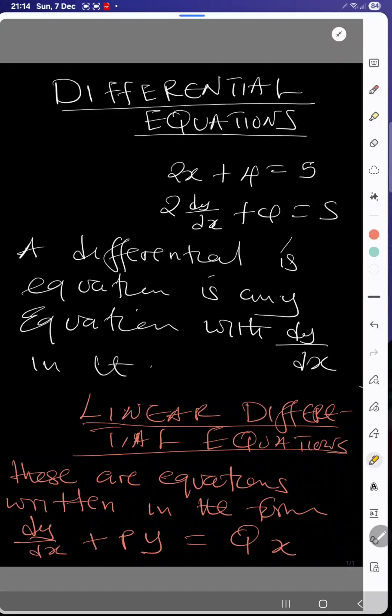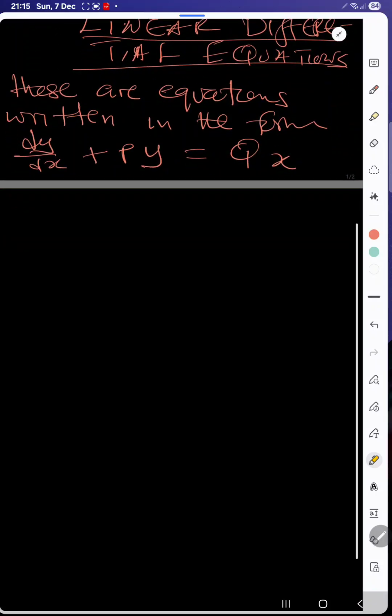Any equation written in this form is said to be a linear differential equation. So whenever you have an equation in this format, just know that we are dealing with a linear differential equation. We are going to look at how to solve these, so let's have our first example.